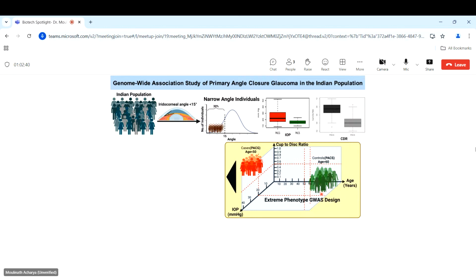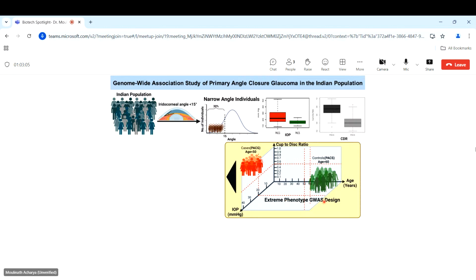So we thought that we would look into that population, and if we see that their angle related parameters are 15 degrees or below, because according to this data, 30% of the Indian population is having these narrow angles, we would get a sufficient number of controls. So that's how we designed our study.